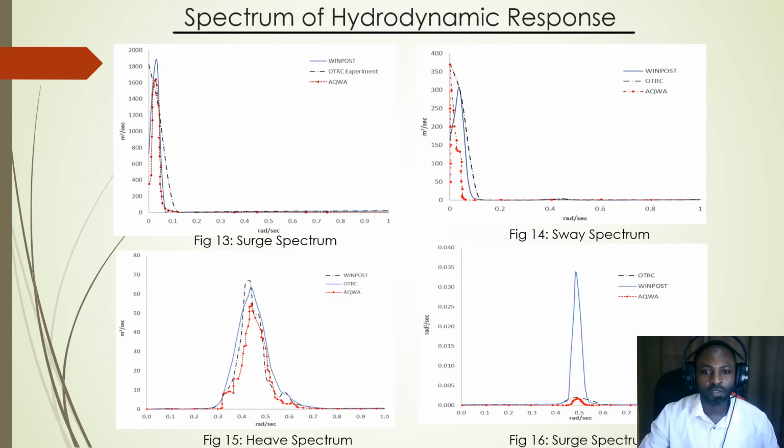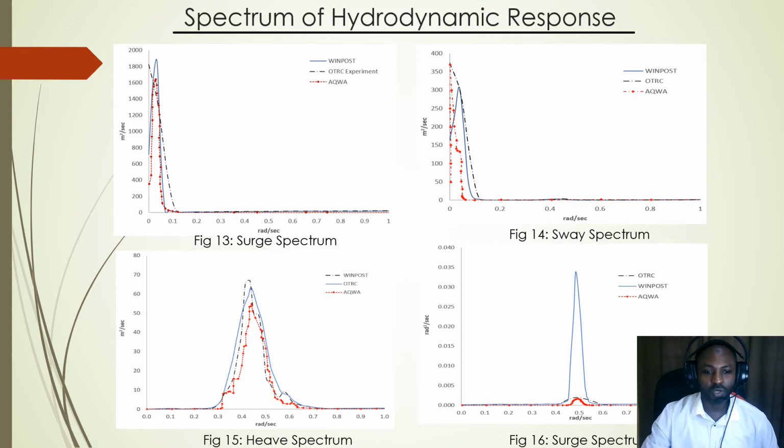Then for the hydrodynamic responses in 6 degrees of freedom, the original results are obtained in time domain, but for easier comparison, we converted them to spectrum using fast Fourier transform.